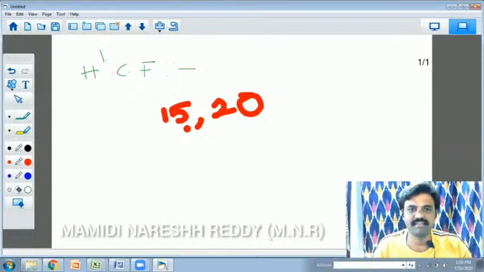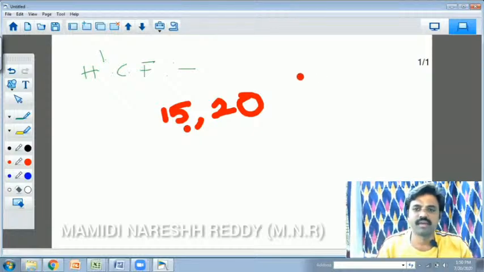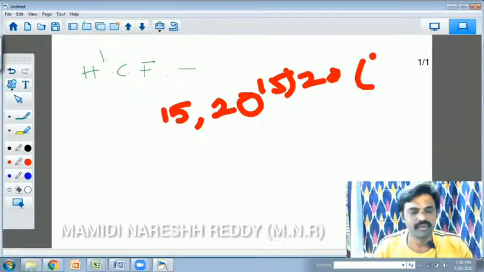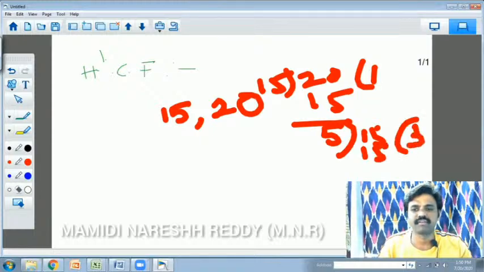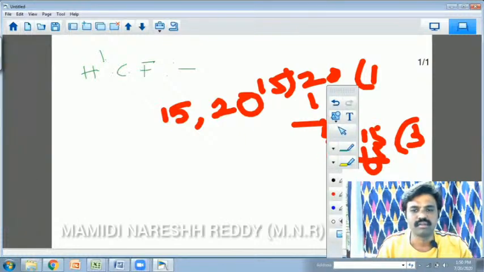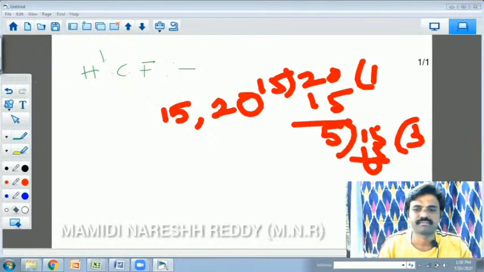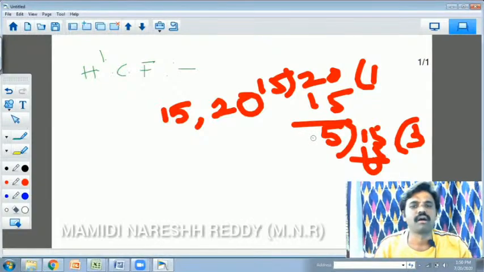Generally we divide 20 by 15. 15 ones are 15, and the remainder is 5. Again, we divide 15 by 5. 5 threes are 15, so the remainder is 0. So here we consider 5 as HCF.